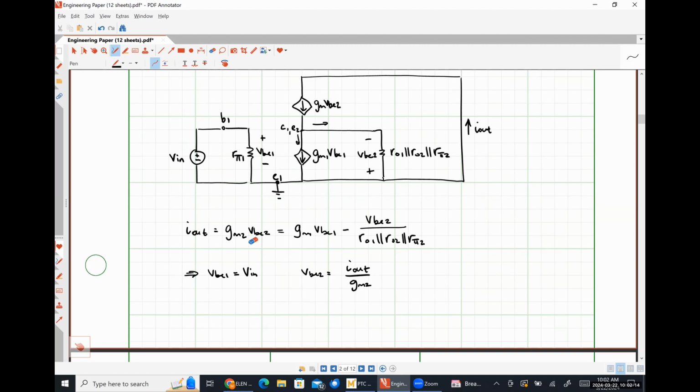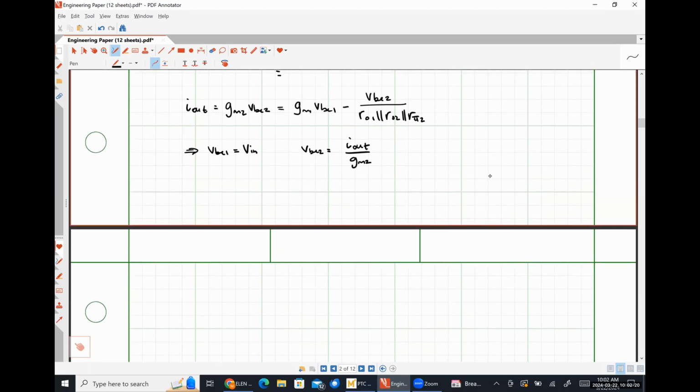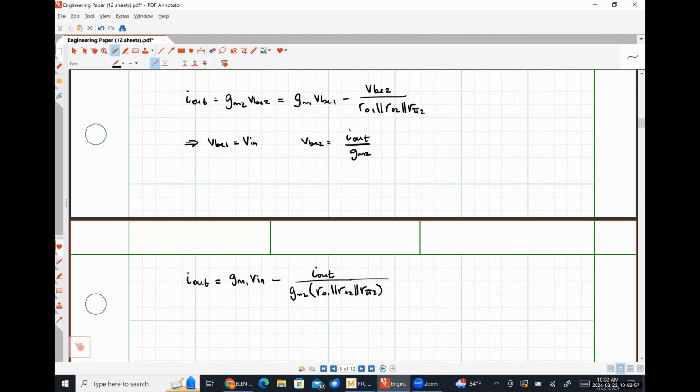So if I substitute those relationships into my top equation, what I'm going to wind up getting is that I out is equal to GM1 Vn minus I out over GM2 times R01 in parallel with R02 in parallel with R pi 2.